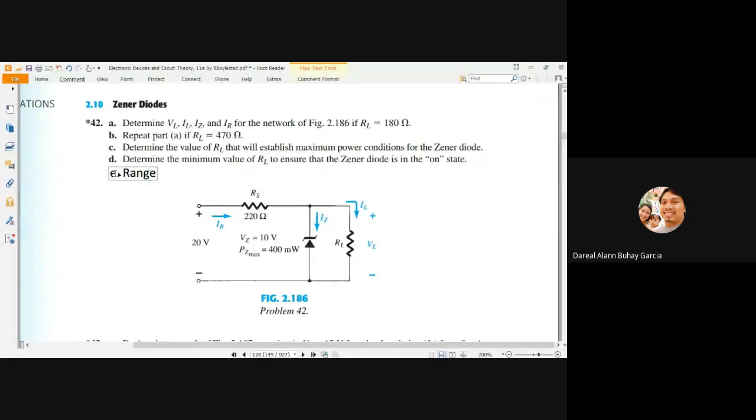What is the value of D? Okay, C and D are already okay. Another way to phrase questions C and D: what are the range of values to keep the diode in the on state?